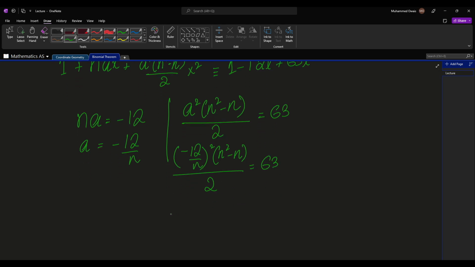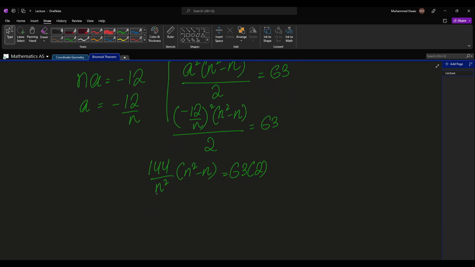I can move this 2 there and this can be multiplied with these, all right? So this becomes, oh sorry, but first we need to open the square. So this becomes 144 over n square into n square minus n, and this 2 goes over to that side, so this becomes 63 into 2.